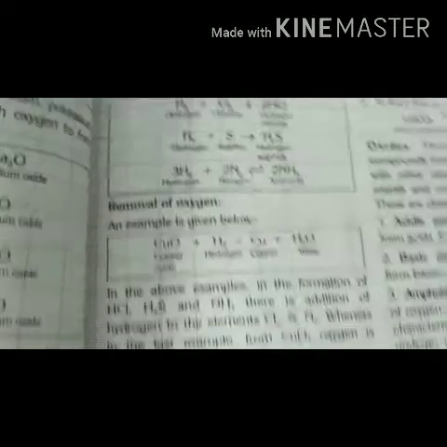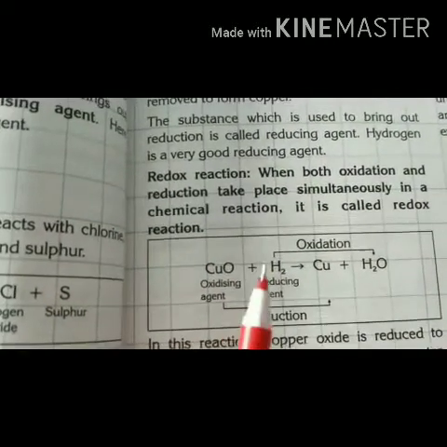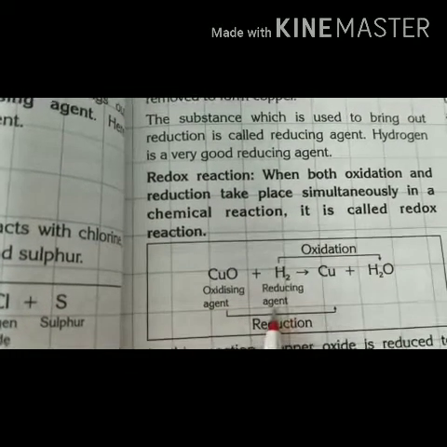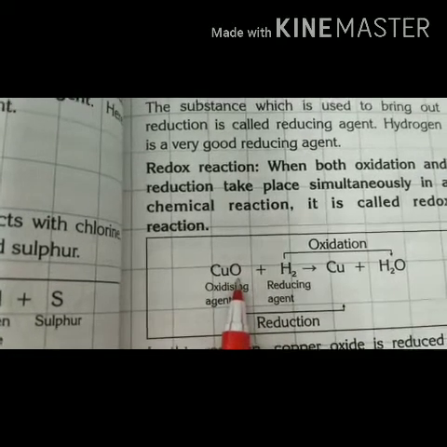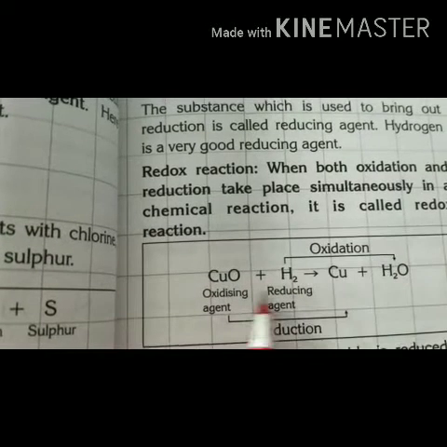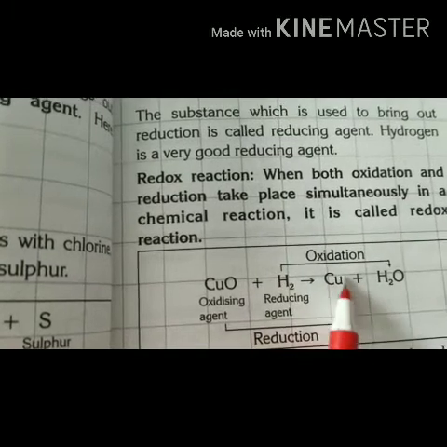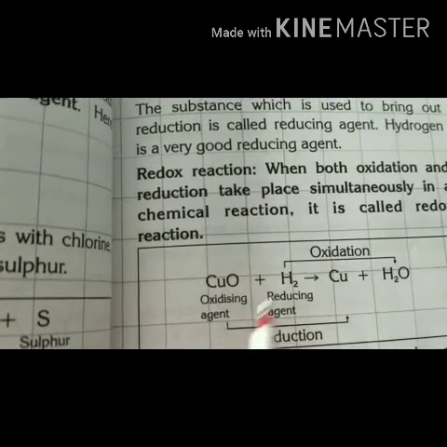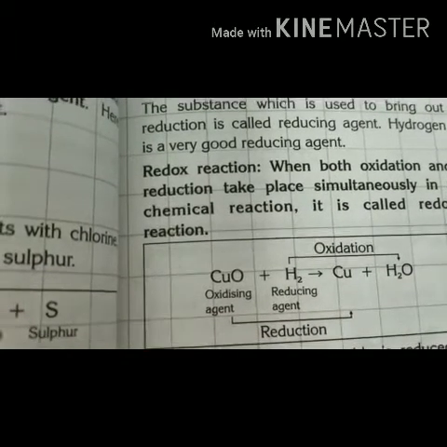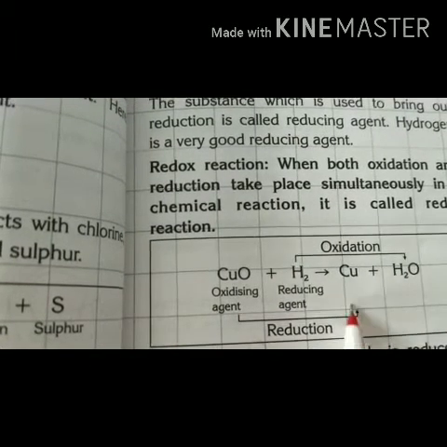Okay students, here you can see the most important example of oxidation and reduction reactions both in the same reaction. CuO is an oxidizing agent. H2 is a reducing agent. After the reaction, only Cu is there, which means the Cu is getting reduced because the oxygen is released from its compound, so it forms Cu.